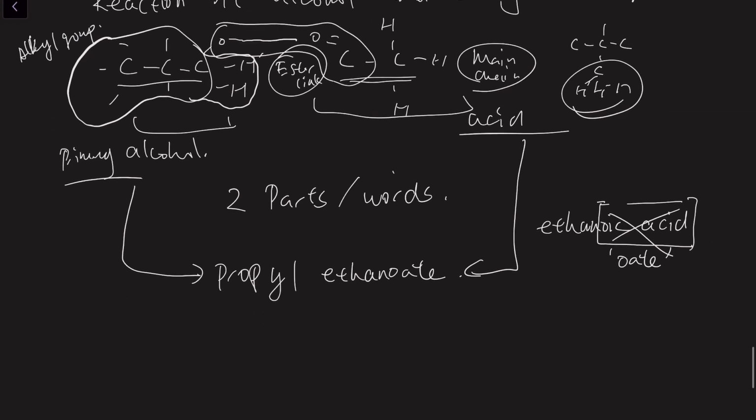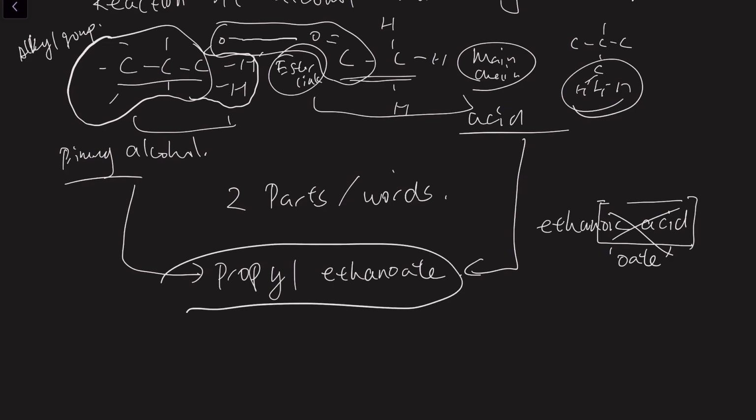So this is the name of the ester, propyl ethanoate. The propyl part comes from the alcohol. So before the reaction it is propan-1-ol, and the propan-1-ol turns into the propyl part, and the ethanoic acid becomes ethanoate.